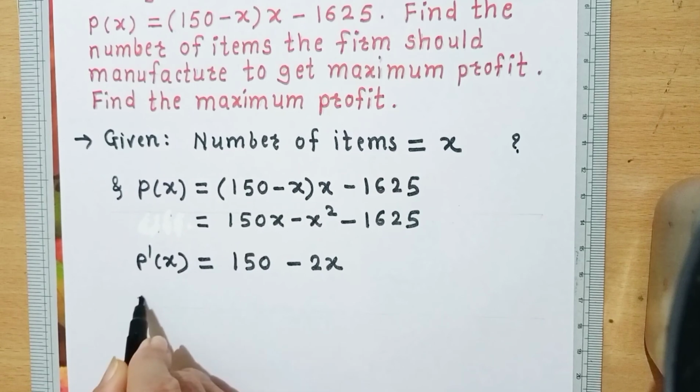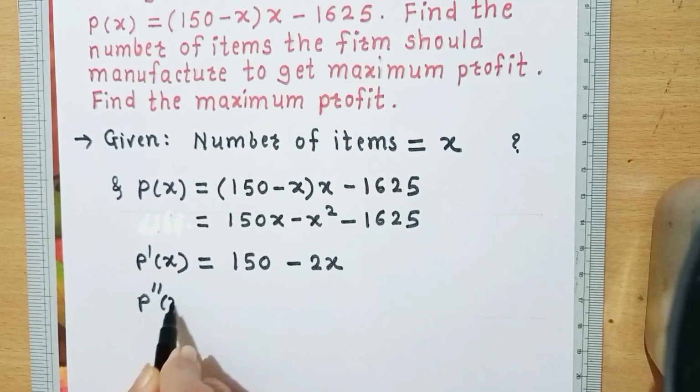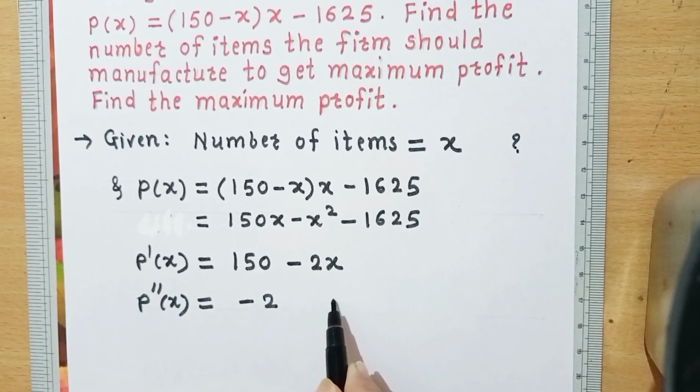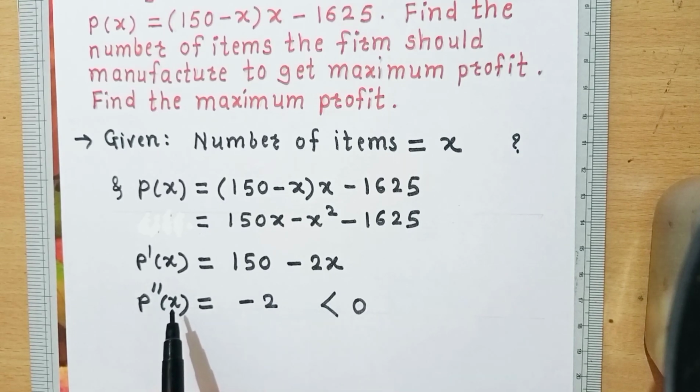Now again we will differentiate. So p double dash of x is equal to, now this is constant so its derivative is 0, and here only minus 2, derivative of x is 1. Now here only we can understand this is less than 0, so this profit function is definitely maximum.